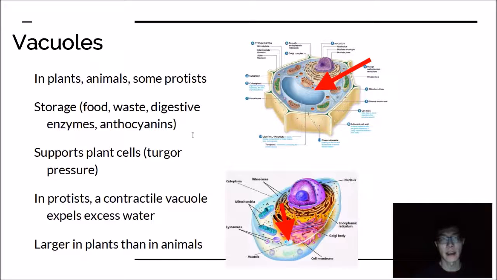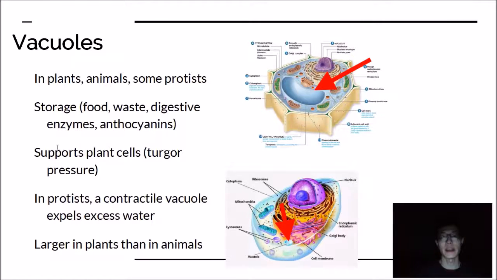The next thing is the vacuole. So the vacuole is another type of organelle that's found often in both plants and animals, but it's most prominent in plant cells right here. So the vacuole is a food storage area or a waste storage area, or it's a storage area for other things like digestive enzymes.